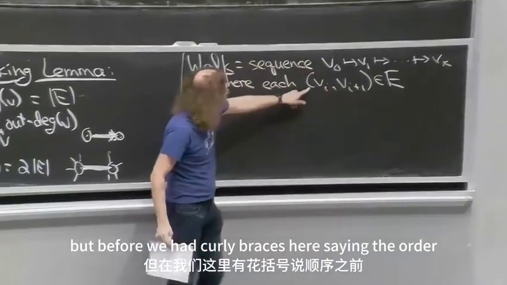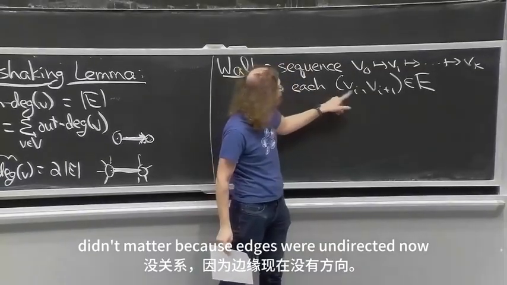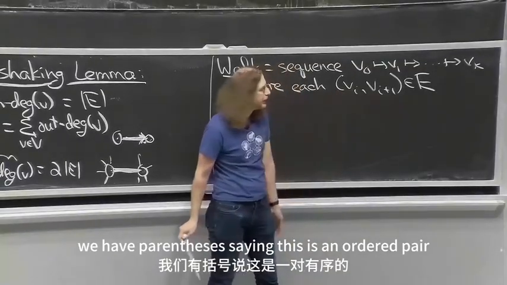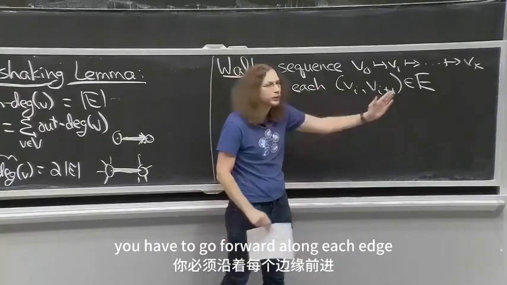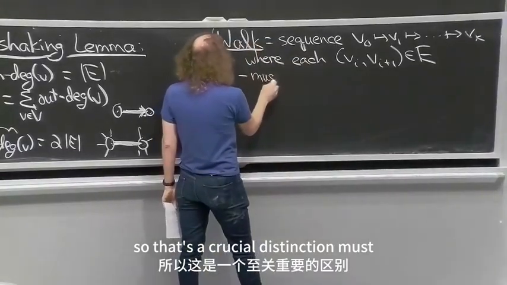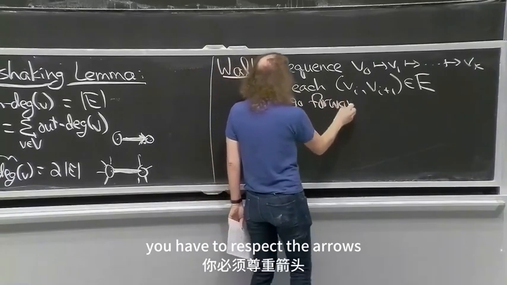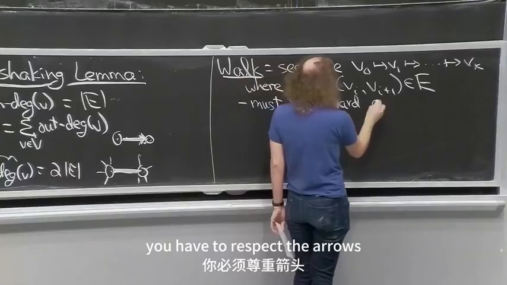But before we had curly braces here saying the order didn't matter because edges were undirected. Now we have parentheses saying this is an ordered pair. You have to go forward along each edge. So that's a crucial distinction. You must go forward along the edge. In other words, you have to respect the arrows.